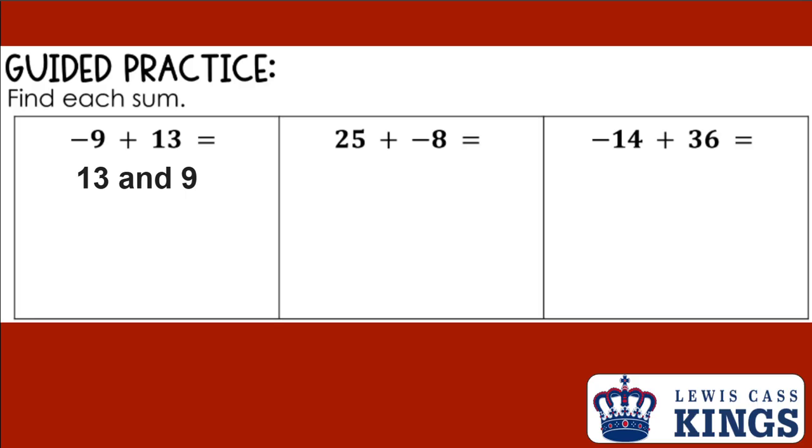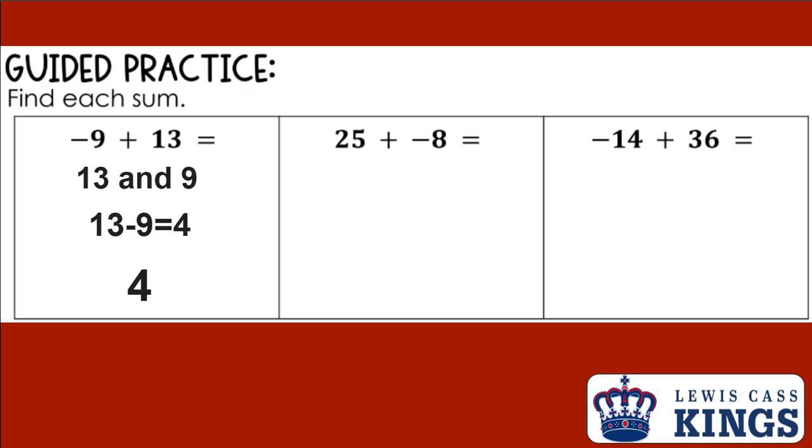So 9 is the lesser absolute value, so we're going to do 13 minus 9, which is going to equal 4. Now to get our final answer, we need to look at the greater absolute value and see what the sign of that number is. So our greater absolute value is 13, and it has a positive sign, or no negative sign in front of it. So we know that our final answer is going to be positive. So we have a positive 4 as our answer.